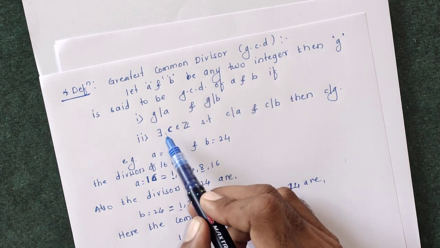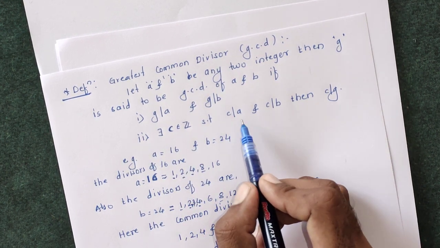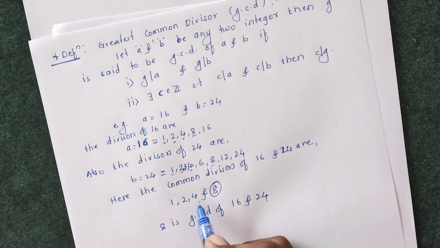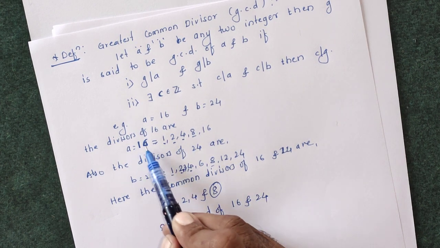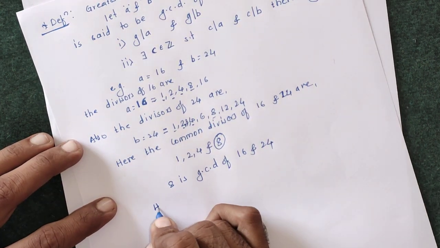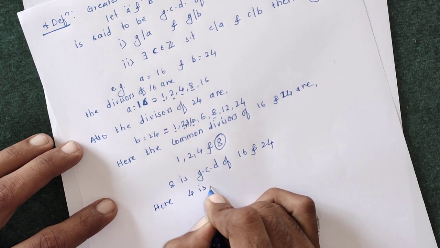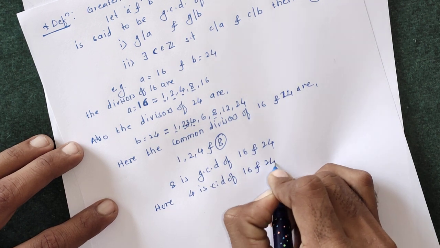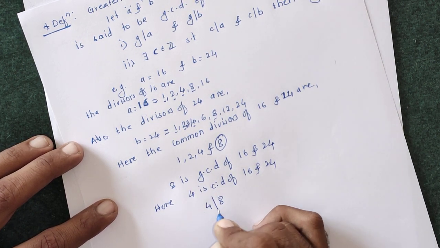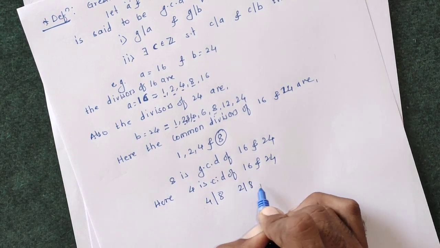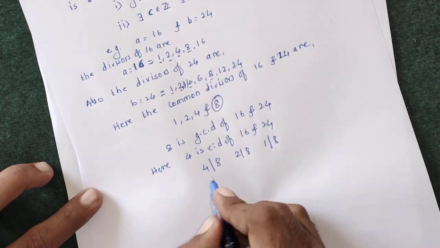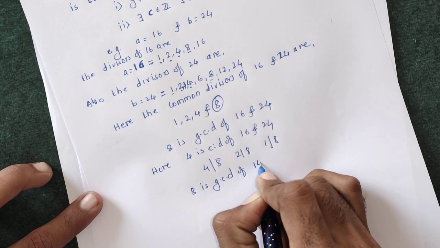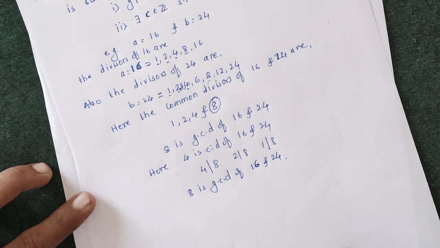Now the second condition is: if there exists any other common divisor of A and B, then that common divisor must divide G. Here 4 is a common divisor of 16 and 24, and this 4 divides 8. Similarly 2 divides 8 and 1 divides 8. So our 8 is GCD of A and B, that is 16 and 24.